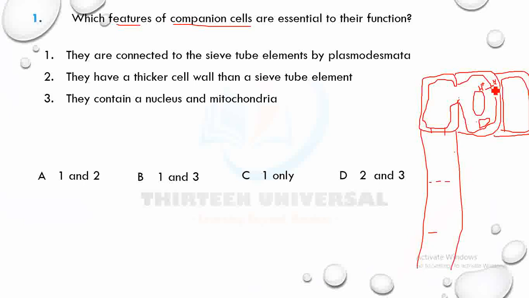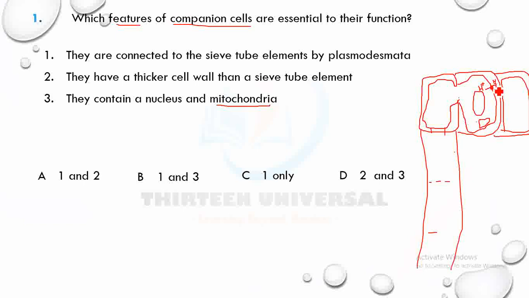That protein is made with the nucleus involved. The movement of protons into the cell wall is by active transport, so it requires energy. That is why we need mitochondria: they provide the energy to pump protons against the concentration gradient from the cytoplasm of the companion cell to the cell wall.